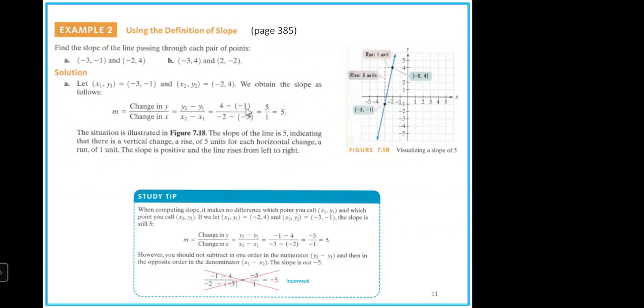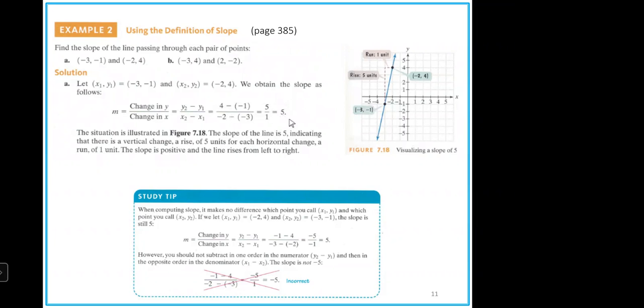When we work this out, 4 minus -1 gives you 5, that's like 4 plus 1. And -2 plus 3 gives you 1. So 5 divided by 1 is 5. So we could say that the slope of this line is 5.